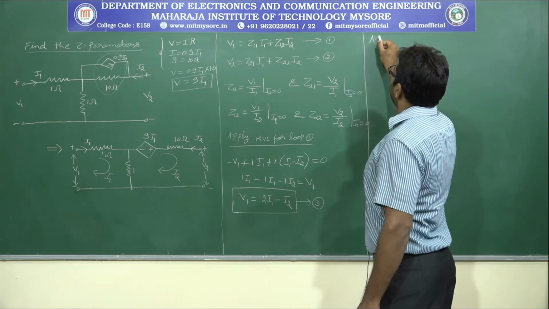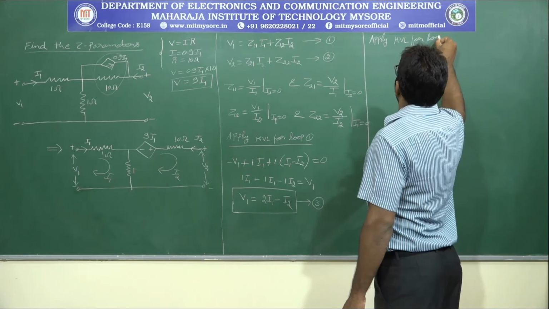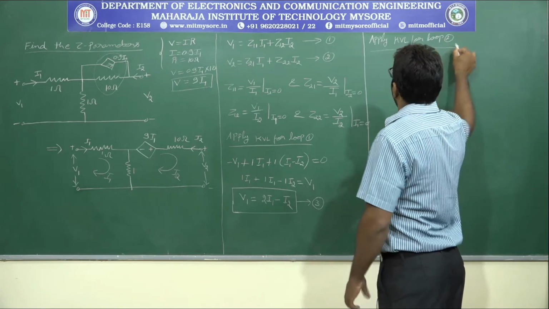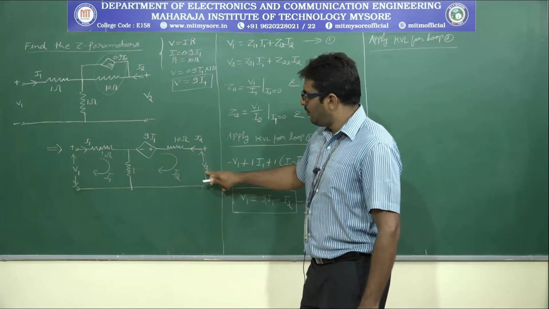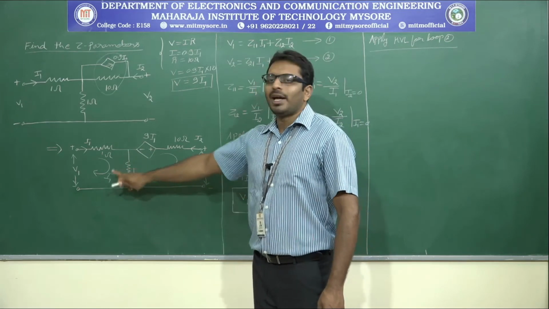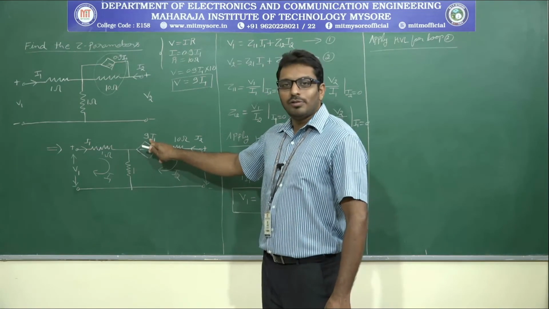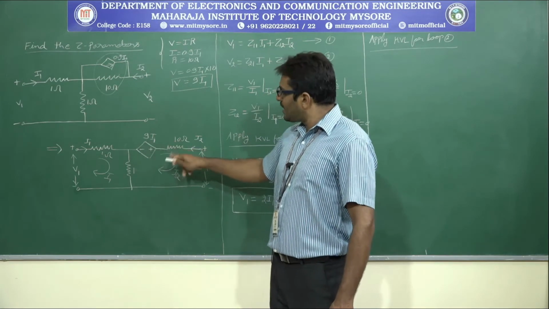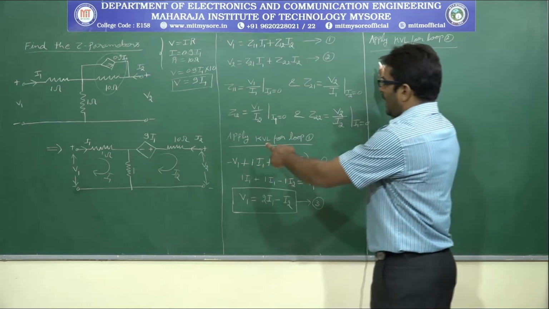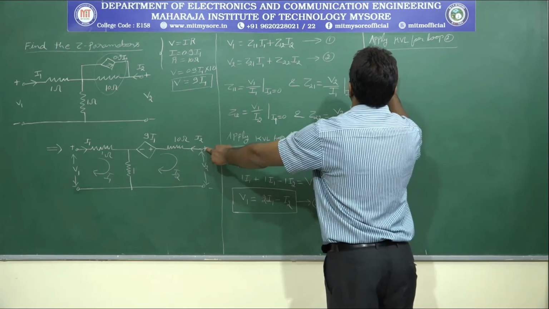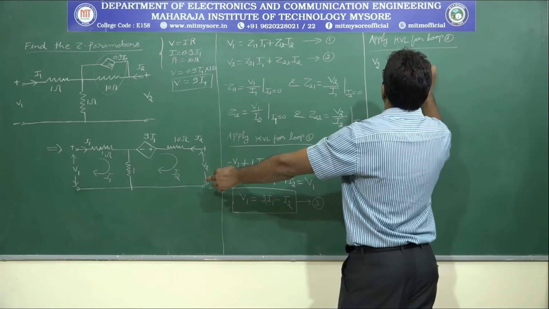Now similarly apply KVL for loop 2. See, first it meets the polarity plus V2, then 1 into I2 minus I1.